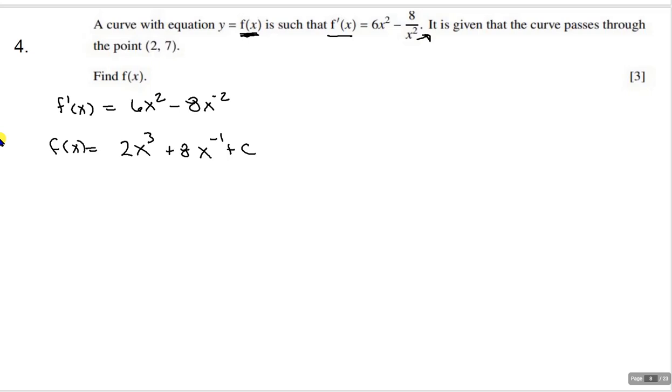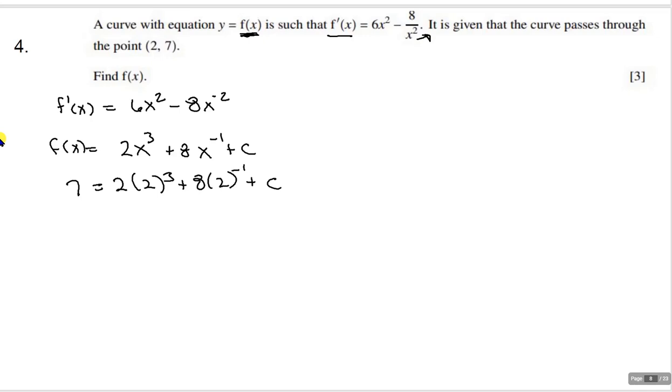And see, now all I've got to do is substitute in my values. 7 is equal to 2 times 2 to the third plus 8 times 2 to the -1 plus c. And if you've written it like this, then you probably could use the equation solver in your calculator to figure this out.